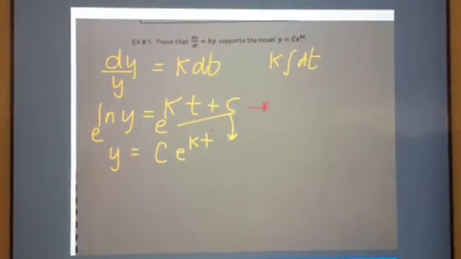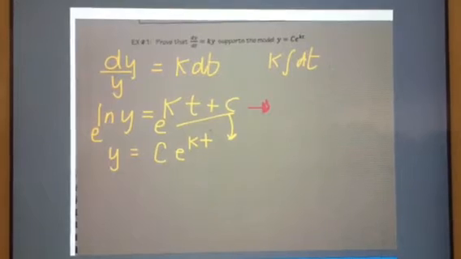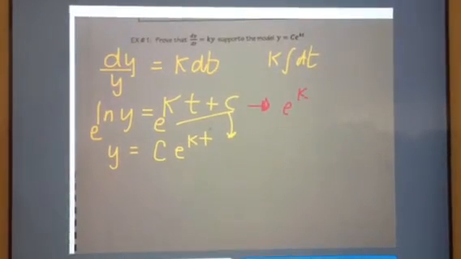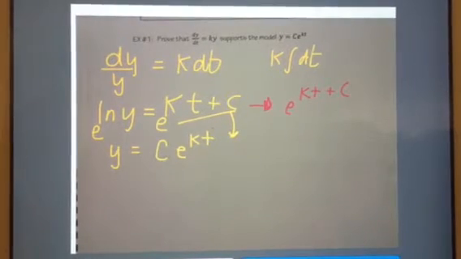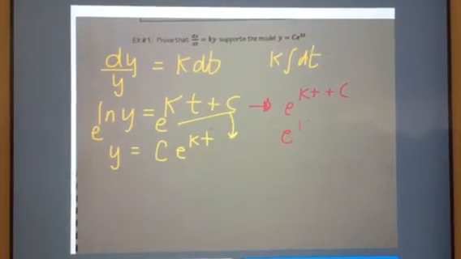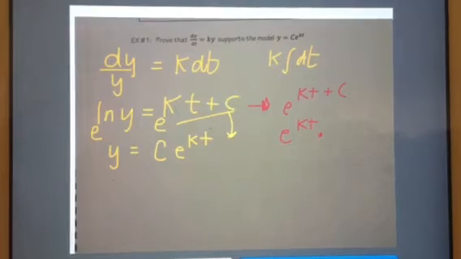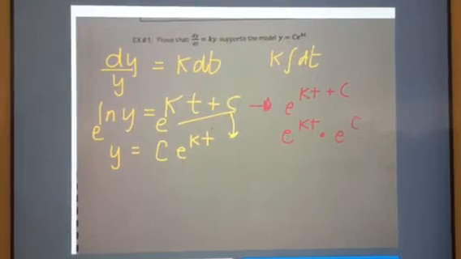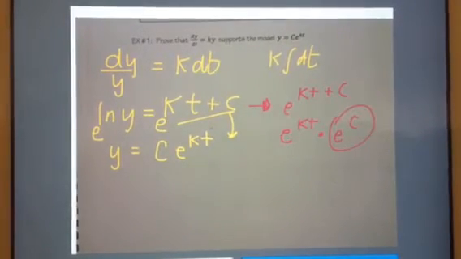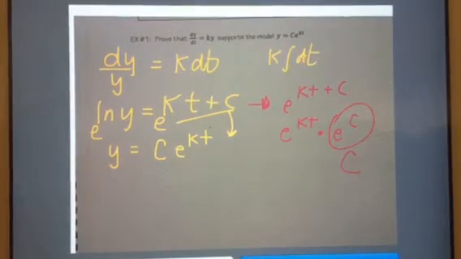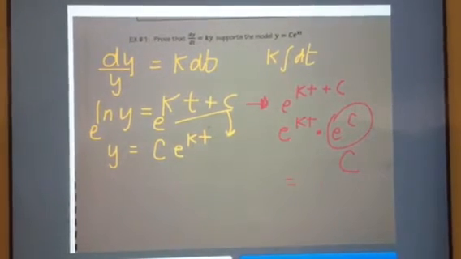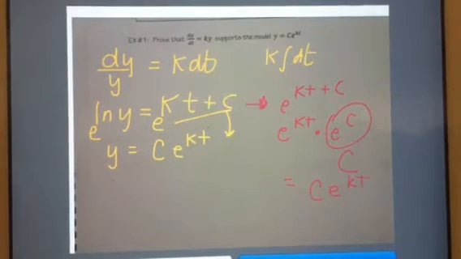In this portion right here, we have e to the kt plus c. Rules of exponents, we can split that up into e to the kt times e to the c. Well, e to the c is just a constant, so we can actually change that to some value c. So then this becomes ce to the kt, which is what we have here.